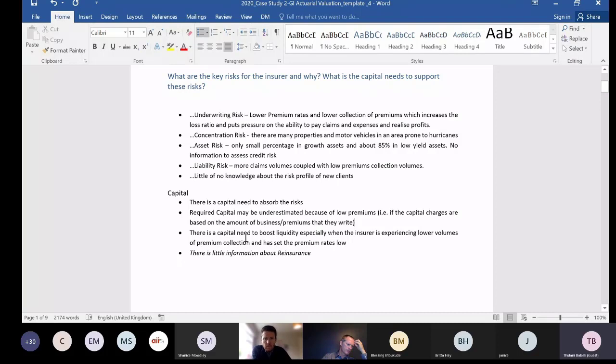There's also a capital need to boost liquidity, especially when the insurer is experiencing low volumes of premium collection and has also set the premium rates low. And then we also realize that there's little information about reinsurance, so we can't say much about it. Thank you.